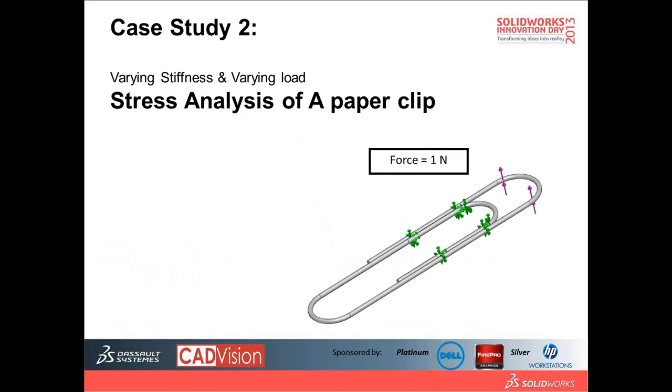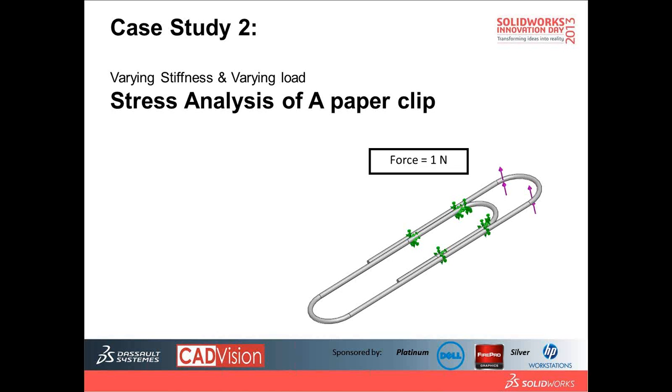Another case study. I will use a daily example, quite a simple one. It's a paperclip. A paperclip has a very long geometry, which has a shape nonlinearity, and it's very thin. So a very light force could make it yield.